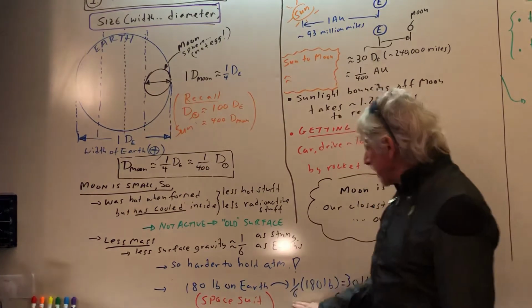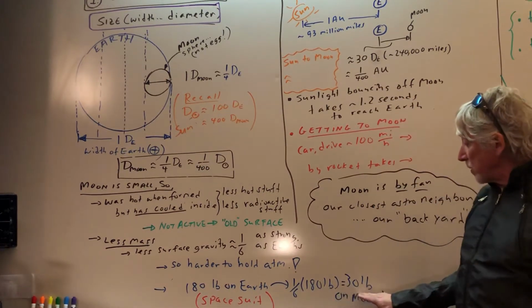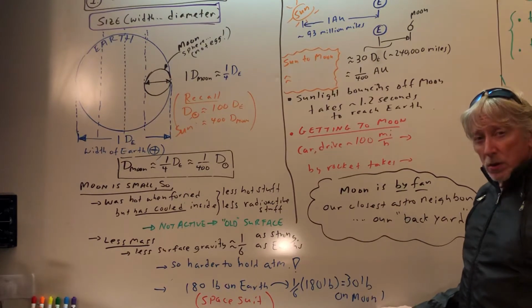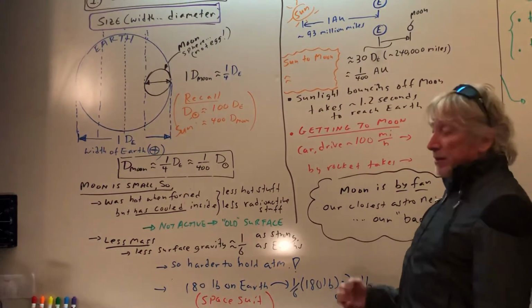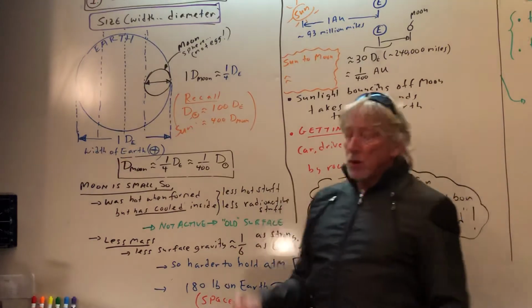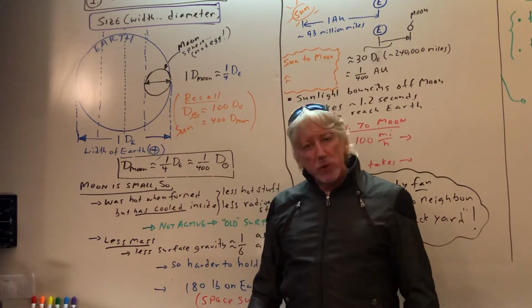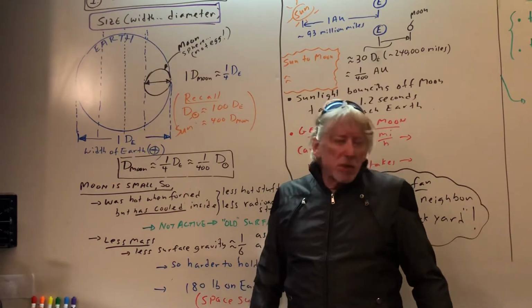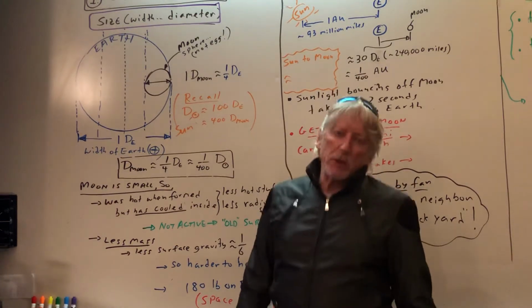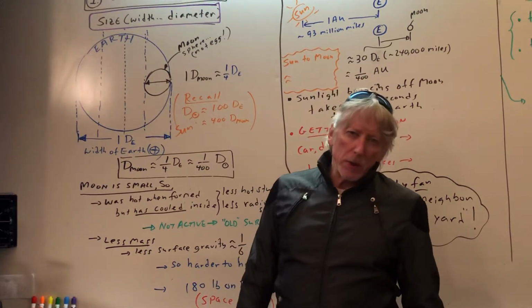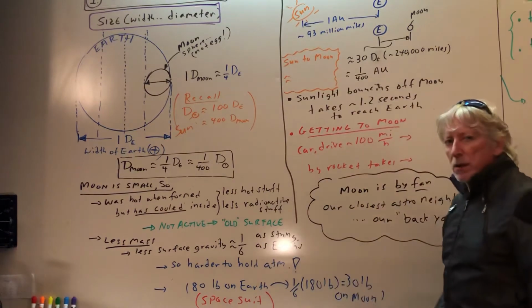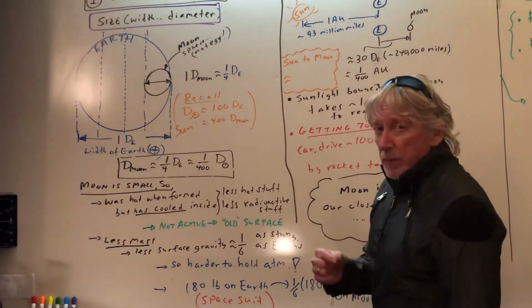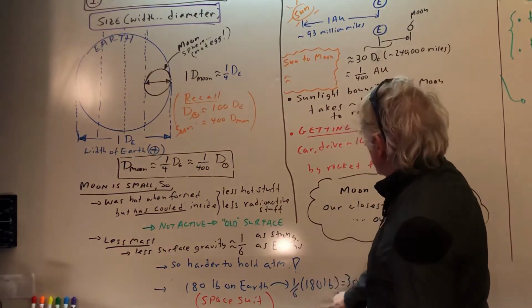But 1/6 of 180 pounds is 30 pounds on Moon. So you may not want to walk around with that. Imagine 180 pounds. You want to walk around with that. But 30 pounds, 15 pounds in each hand, man, that's doable. You might even be able to jump a little bit, right? A little bit. And you see that in your images of people walking on the Moon. Okay, we'll talk about that.